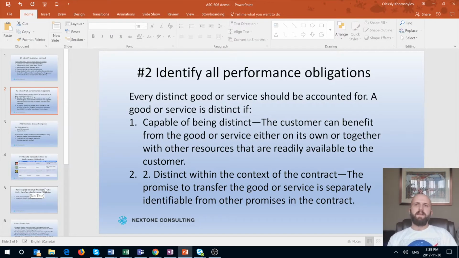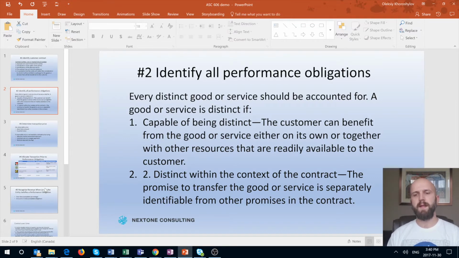Now let's take a look at the second step of ASC 606. It is to identify all performance obligations. So what constitutes a performance obligation? A performance obligation is a distinct good or service that should be delivered to the customer. The definition of distinct is that the good or service should be capable of being distinct.